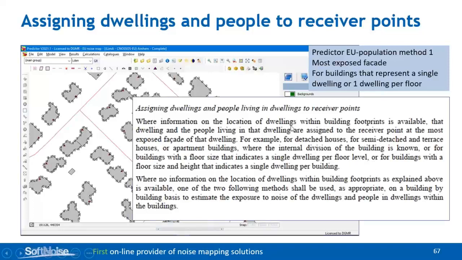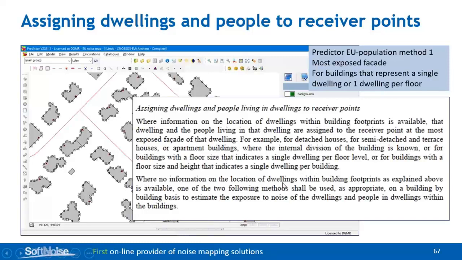So basically, method 1, the most exposed facade, is used for either single dwellings, where only one family lives, or, for instance, an apartment block where one dwelling per floor exists. Those types of buildings belong to method 1.